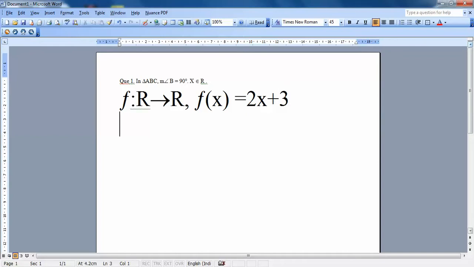So once you have created those symbols, you can easily go on to put it up directly from the keyboard. Alpha, beta, gamma, delta, belongs to, does not belong to, less than equal to, greater than equal to, not equal to, and so on. So this is very easy. Once you create the shortcuts, you can type a mathematics document at a very high speed.